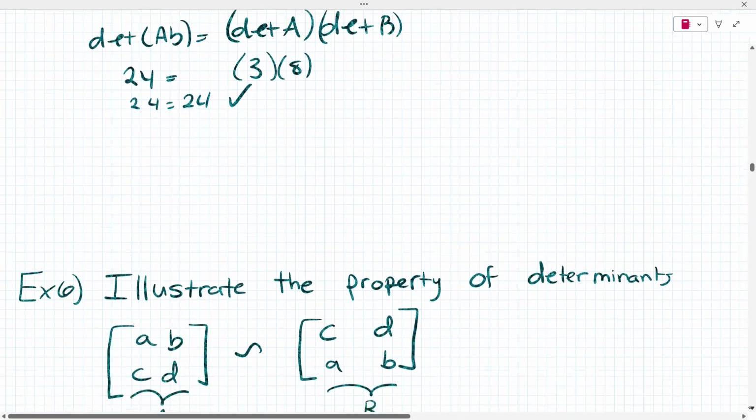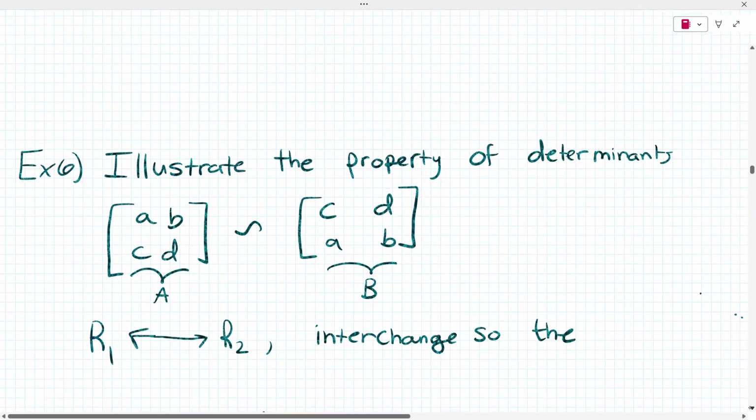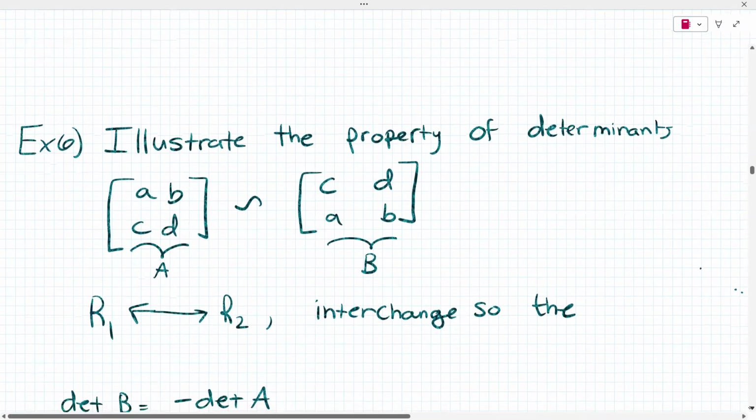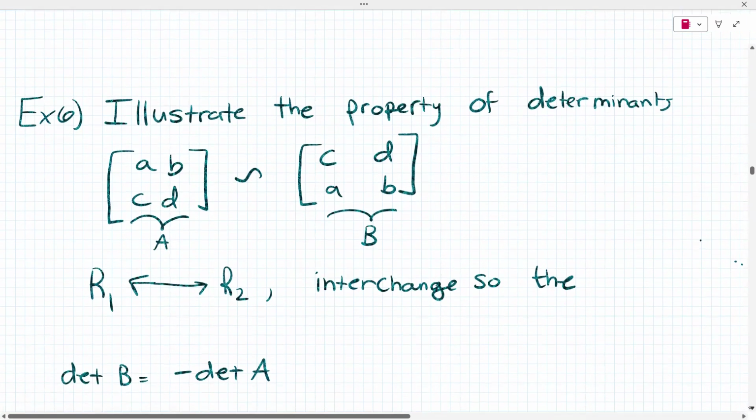Okay, let's do example 6. Illustrate the property of determinants.